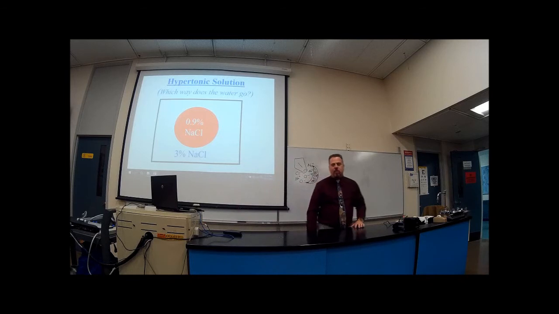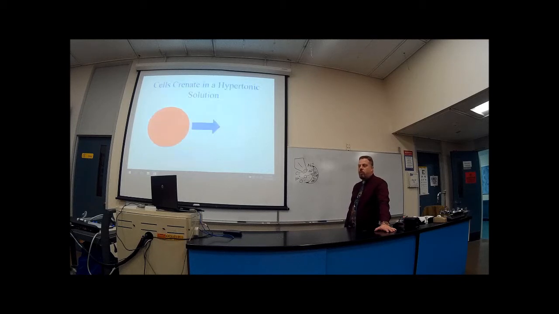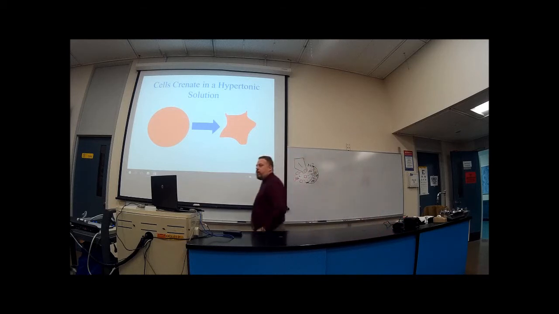If that happens, which way does the fluid want to go? Into the cell or out of the cell? Out of the cell. And then what happens to your cell? It gets smaller, right? Fluid leaves it. All right? We say that the cell crenates. Crenation is this pruning or shriveling up.